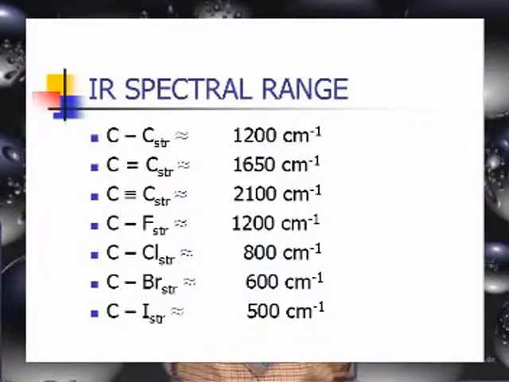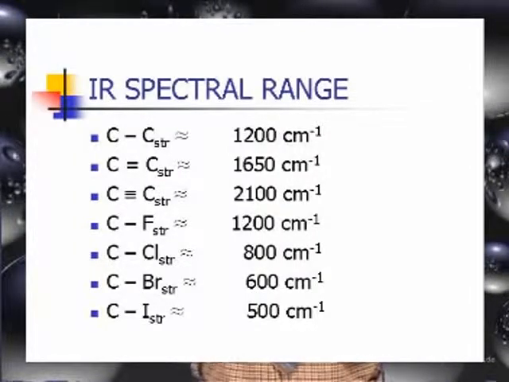Because of the more electronegative nature and small size of the fluorine atom, the bond strength is strong in the case of CF. For example, the CF stretching frequency is nearly 2200 per centimeter. In the case of the carbon chlorine stretching frequency, the value is approximately 800 per centimeter.